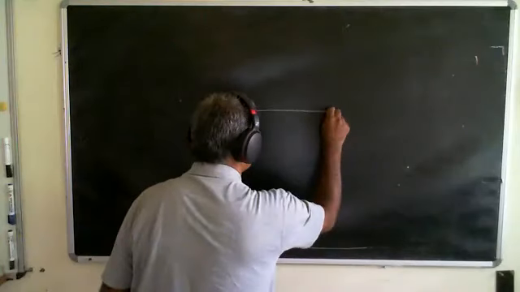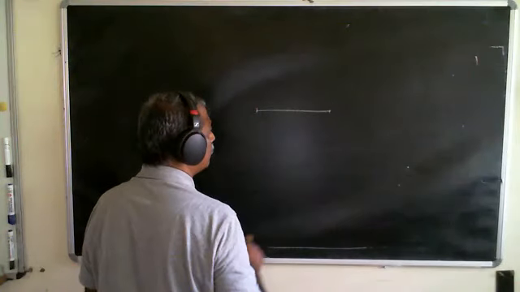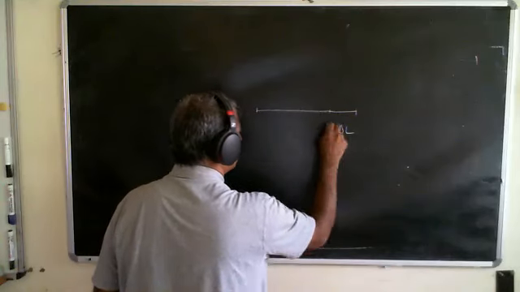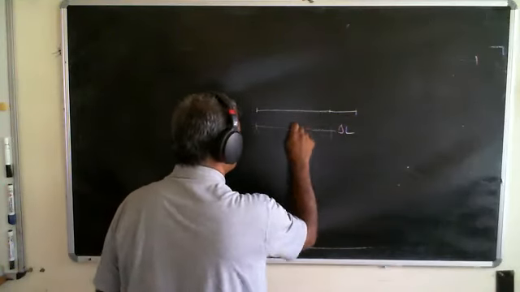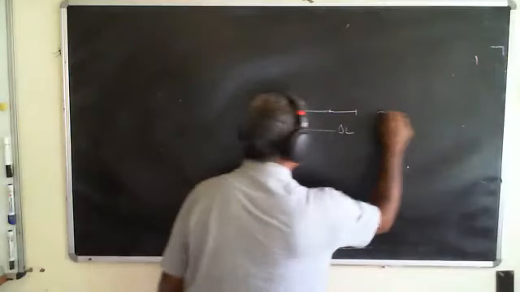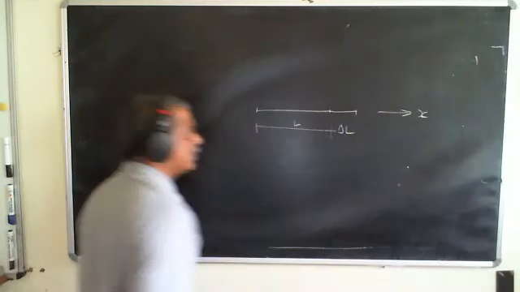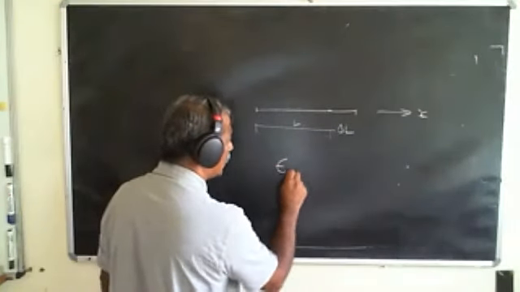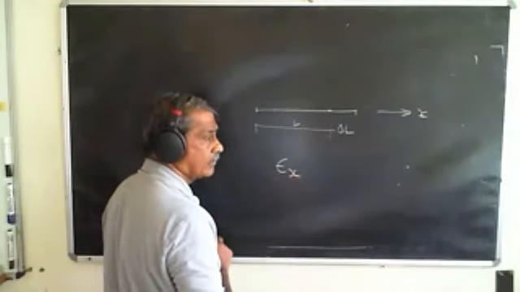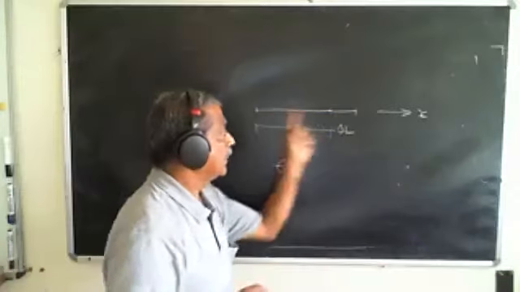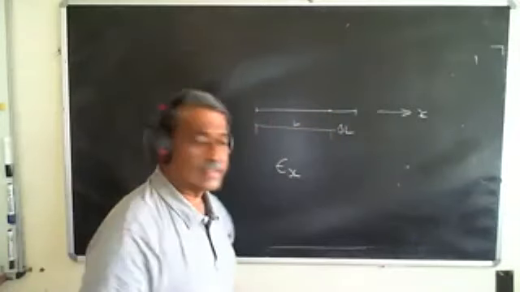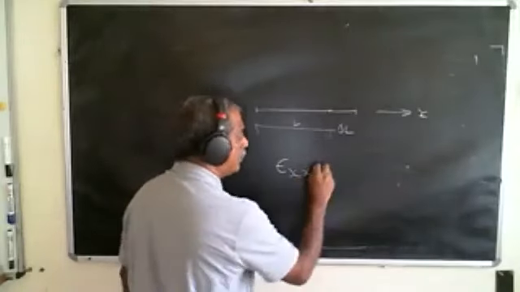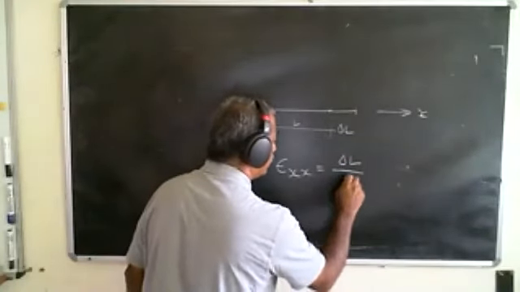We had an axial member and it extended by a length delta L, original length being L. Okay, and let's say this is the x direction. We said, okay, if this is the case, then I can find out epsilon x. This pertains to the line element that is along the x-axis and its extension along the x direction to be equal to delta L by L.